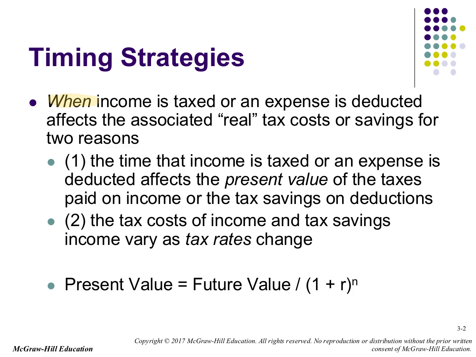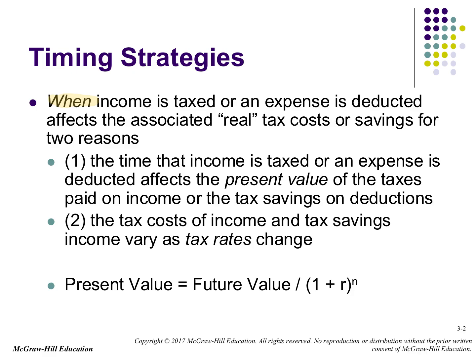And the reason why timing is important is because as individual taxpayers, we follow a cash basis. And so when we put that in perspective, timing is critical for us because the present value of the taxes that are paid on income or the tax savings we get from deductions is impacted by time.